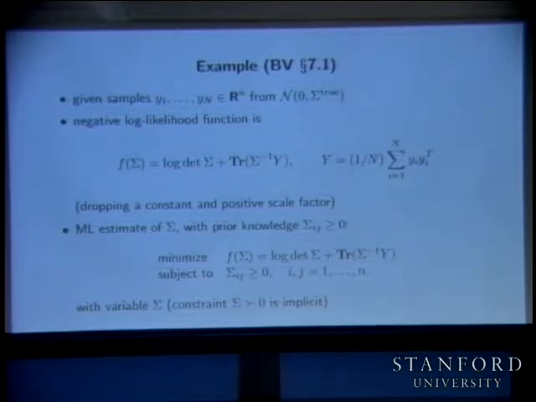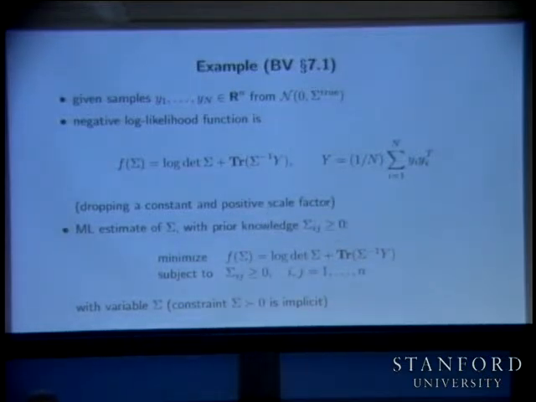Okay, now you want to minimize this function, and we look at the different parts. This is good because that's a convex function of sigma. Okay? Unfortunately, that is bad because this is a concave function of sigma. Now, the usual approach in this is to not estimate sigma, but to actually estimate sigma inverse.